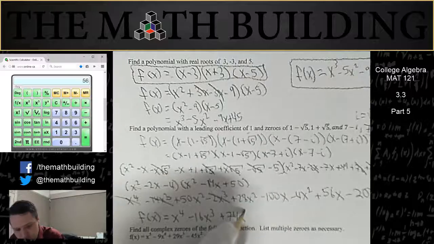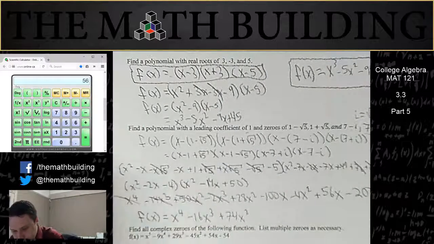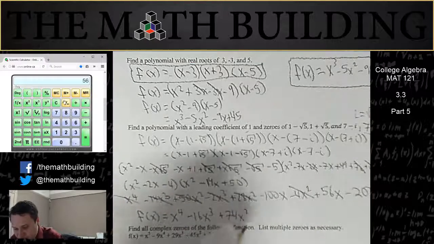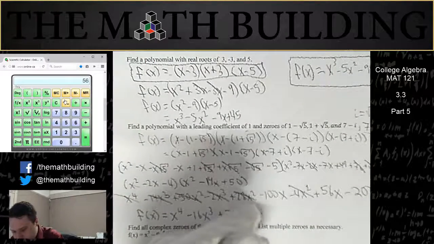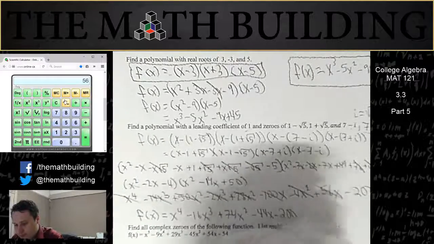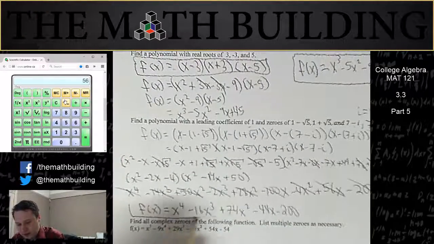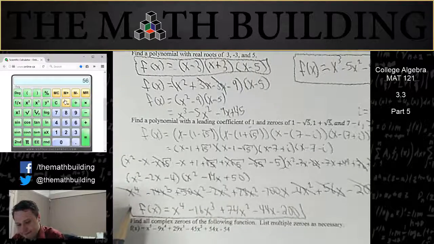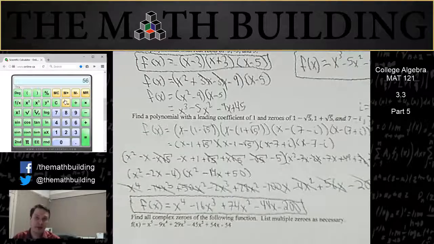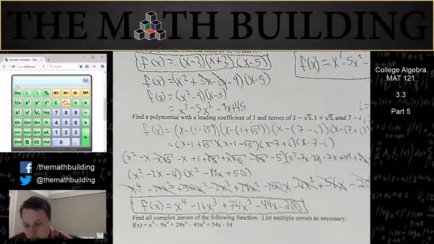So plus 74x squared. Negative 100 plus 56 is minus 44x minus 200. There's your polynomial. If you can do that one, you can do pretty much anything, because that's about as hard as they come.